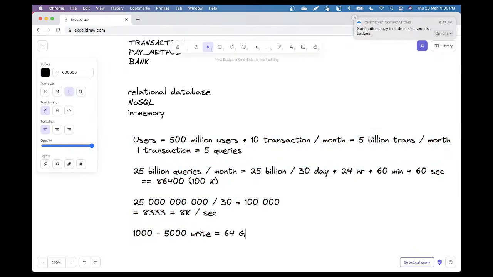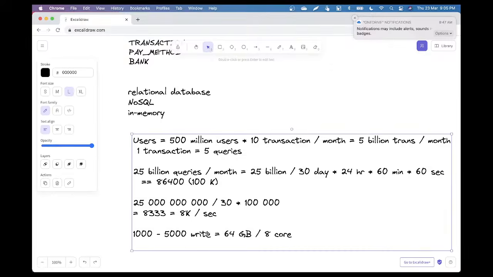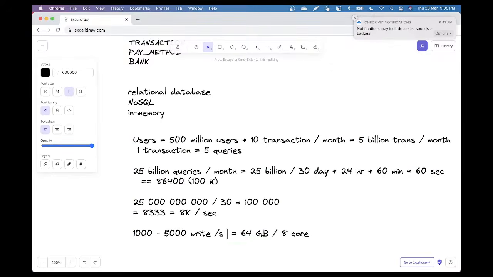If you have, say, a 64 GB server and a decent processor, maybe an 8 core processor, you may take care of maybe up to 5,000 transactions per second. Again, it also depends on how complicated your queries are, but roughly this is possible with Postgres.